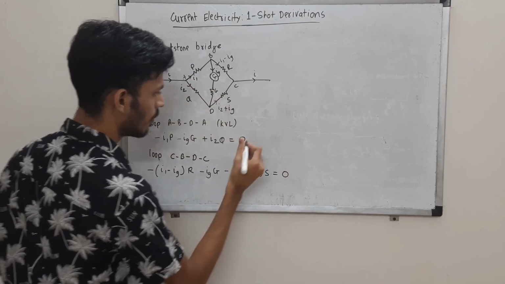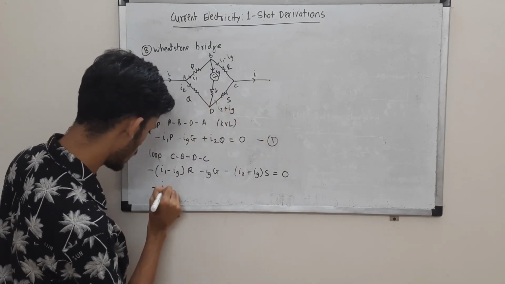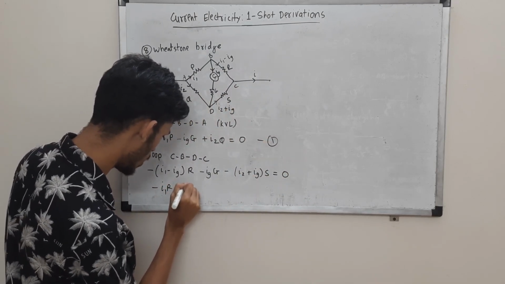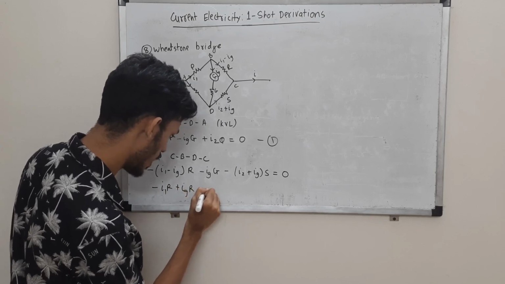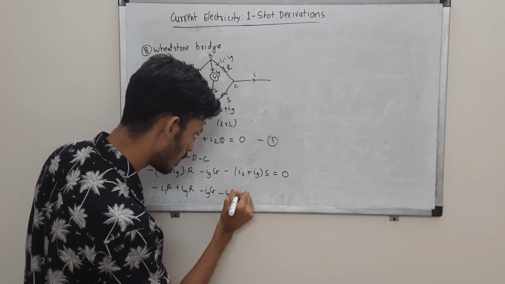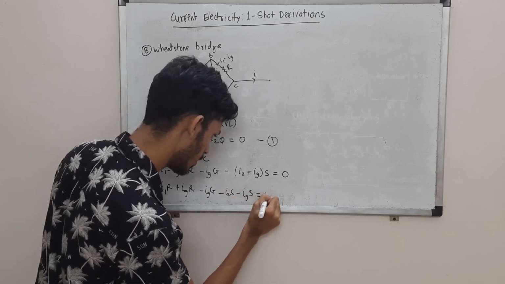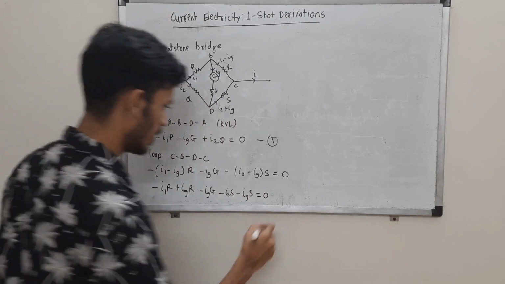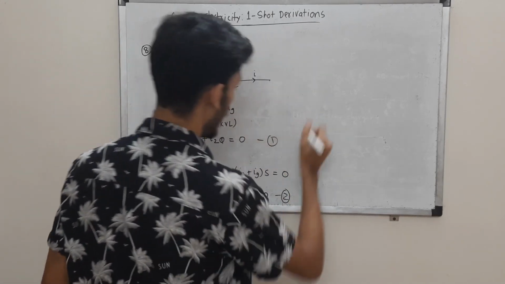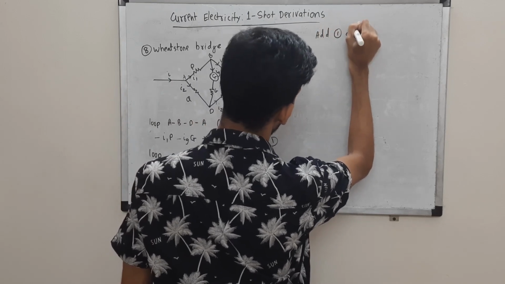We'll name the first equation 1. Let's open this up. This is minus I1R plus IgR minus IgG minus I2S minus IgS, and this will be equal to 0. This is our equation 2. We can add 1 and 2.